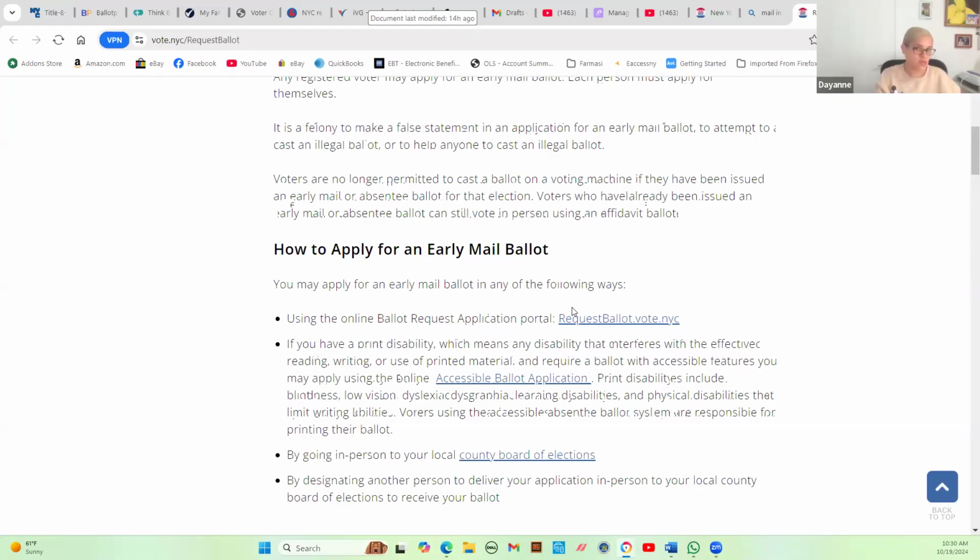If you think about it, it's sort of illogical to go in person on November 4th to request a mail-in ballot when you have to have that stamped in the mail no later than November 4th so it can arrive on time, which it won't until maybe 48 to 72 hours after the election on November 5th.